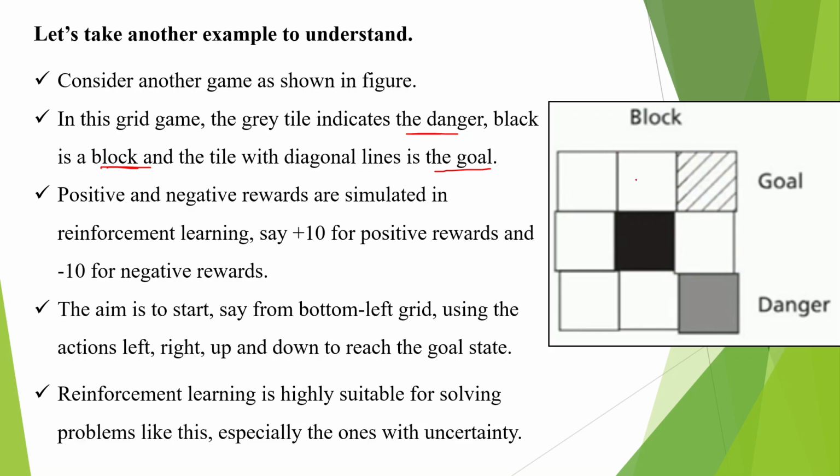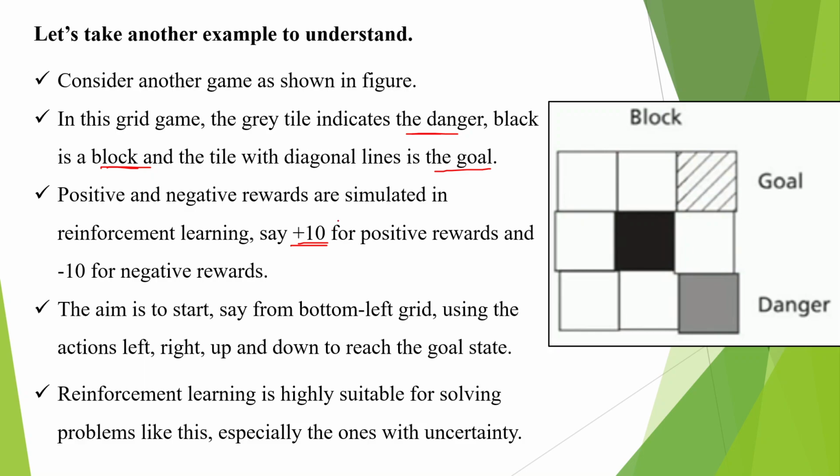So positive and negative rewards are simulated in reinforcement learning. Whenever it is performing a good action, a positive action, an action leading towards the goal state, we are awarding plus 10 rewards. There is no unit, just assume plus 10.